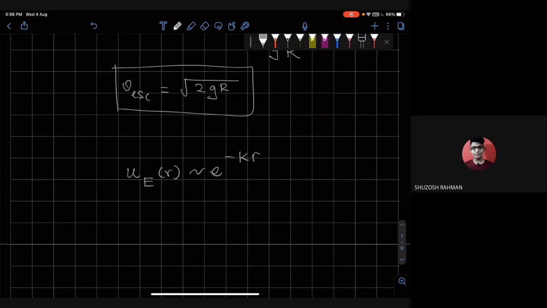There is also another solution with a plus sign here, but we are not taking that because then our wave function will diverge at infinity, and we won't be able to normalize our wave function, right?